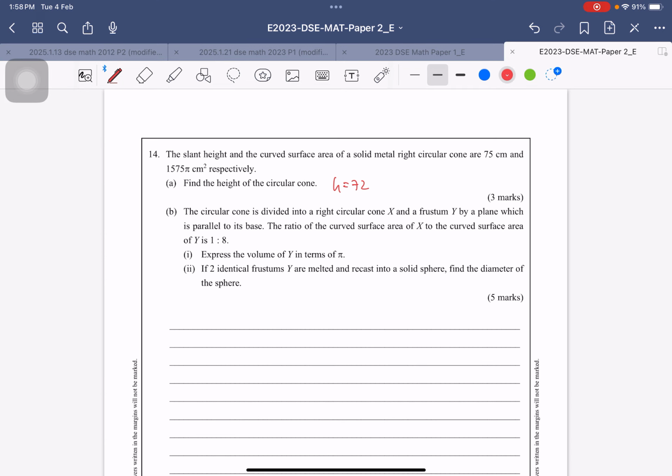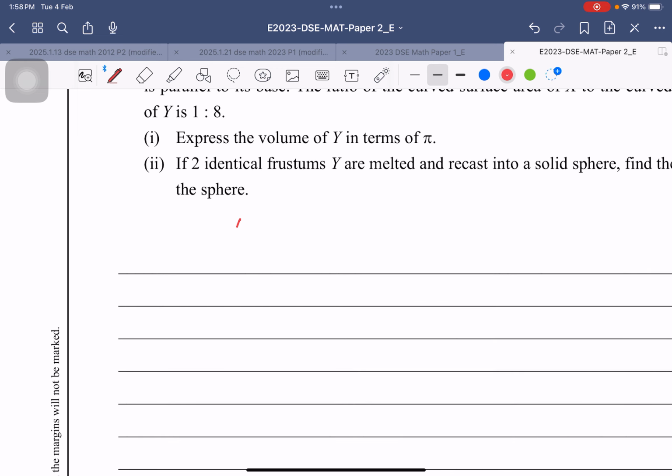So for part B, the circular cone is divided into the right circular cone X and a frustum Y. So this is the original big one, the big cone. And then it's divided, becomes the smaller cone and a frustum.